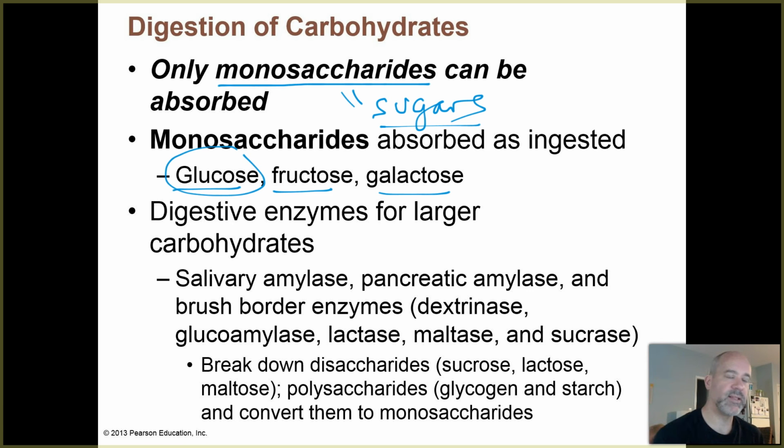Okay, so you have a series of enzymes that gradually break apart your carbohydrates until you get to the point where you have these individual sugars. So these include the salivary amylase that we've talked about before. Those are enzymes that chop apart polysaccharides. And pancreatic amylase is produced by the pancreas, does a similar type of thing.